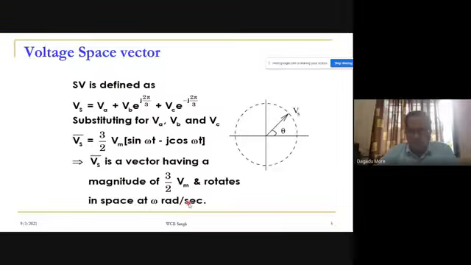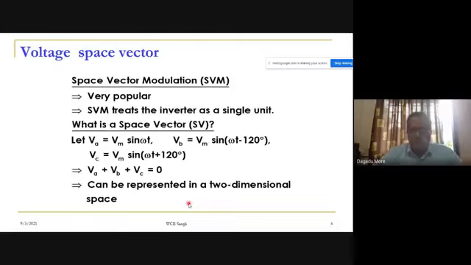Is it clear? Any question regarding this? What is the voltage space vector for three-phase balanced sinusoidal voltages? Any doubt?